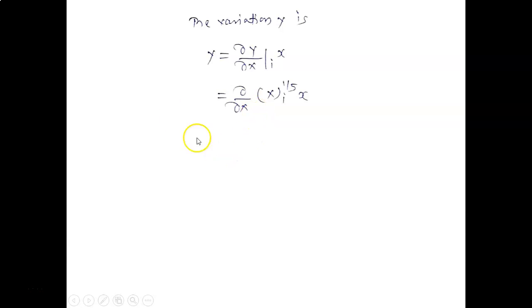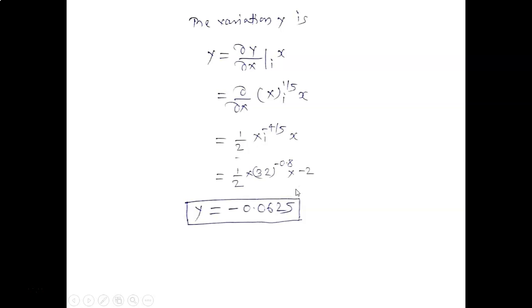From my side, one mistake happened. Instead of 1 by 5, I have written 1 by 2. Therefore, 1 by 5 into xi raised to minus 4 by 5 into small x. Therefore, consider it as 1 by 5 into 32 raised to minus 0.8 into minus 2. Therefore, we are getting small y is equal to minus 0.0625. Consider here 5 instead of 2.